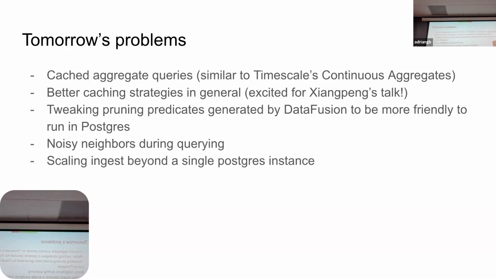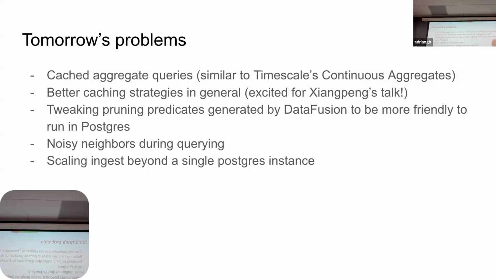Then we're also working on tweaking the pruning predicates that DataFusion generates. Our Postgres index, like I said, is a small table, I think a couple hundred megs right now. So actually we end up sequentially scanning it for the most part. We say, these are the rows that correspond to the table being queried, and then sequentially scan within those, and up to a couple thousand or 100,000 rows is actually fine.